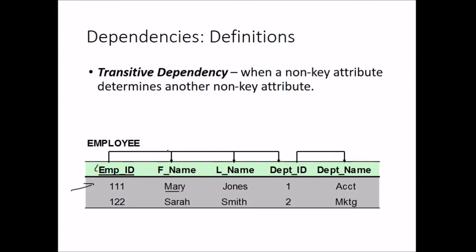So employee ID can easily identify F name, L name and department ID. But what about this department name? Department ID is not a primary key, but still it is able to identify the department name, because only by department ID, department name can be found out. This is transitive dependency: employee ID can find out the DEPT ID, and DEPT ID in turn can uniquely identify the department name. So this is transitive dependency.